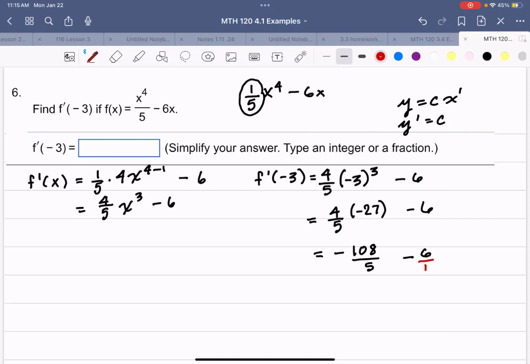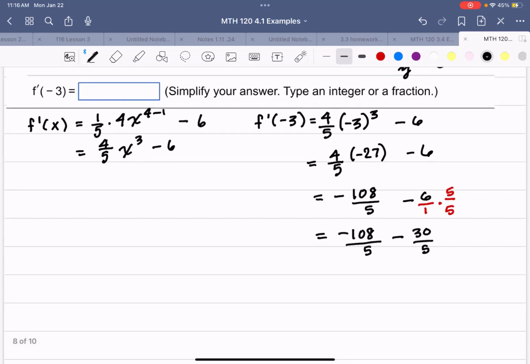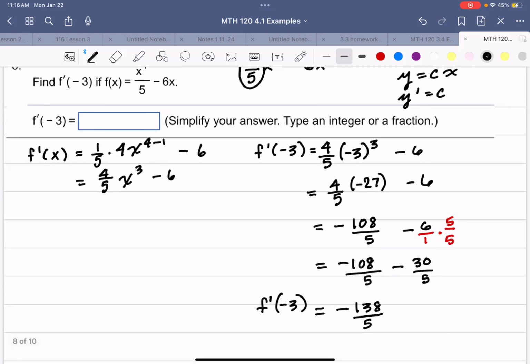That's a denominator of 1, but I need a 5. So now it's going to be negative 108 over 5 minus 30 over 5. So that's negative 138 over 5. So f prime of negative 3 is negative 138/5.